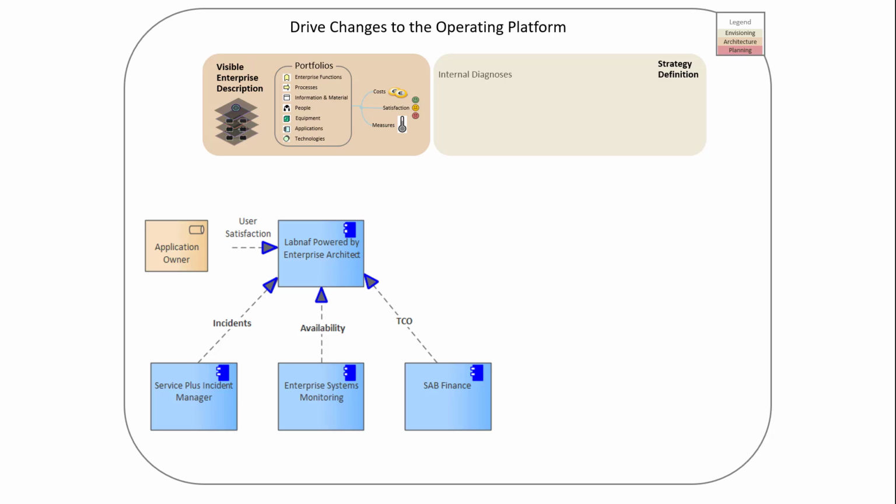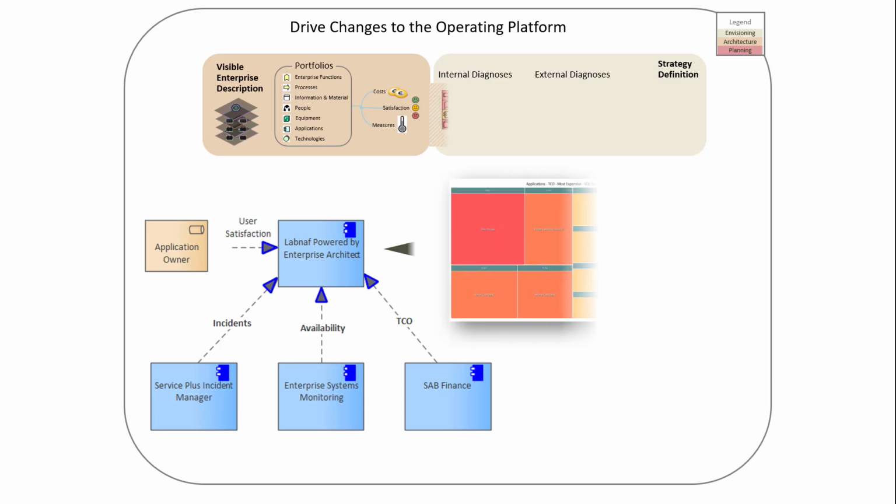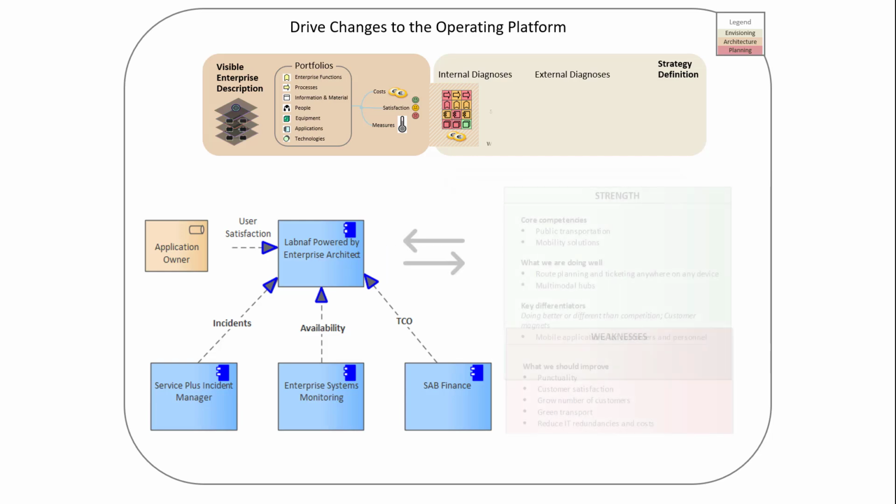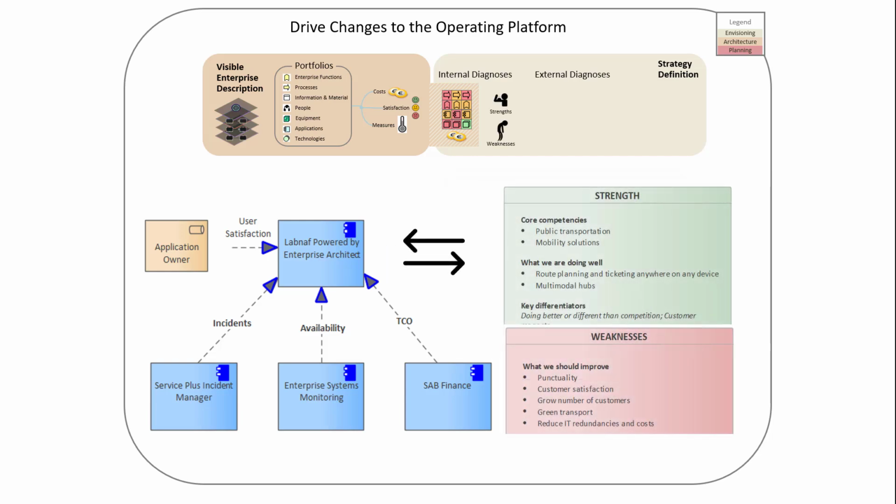To define your strategy, you make internal and external diagnosis of your current situation. Regarding internal factors, various charts and dashboards can be used to summarize the current status of your visible enterprise. These internal factors are your strengths and weaknesses.